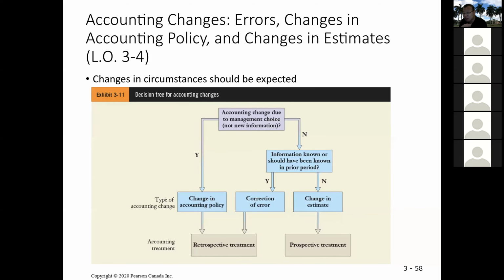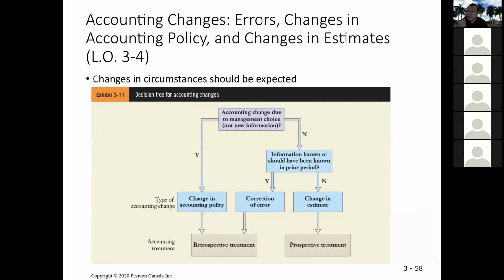So basically this graph tells us, is this change due to new information? If you say yes, then you ask, is this information known in the prior period? If you say yes, then you made a mistake, right? This information was not new, actually.